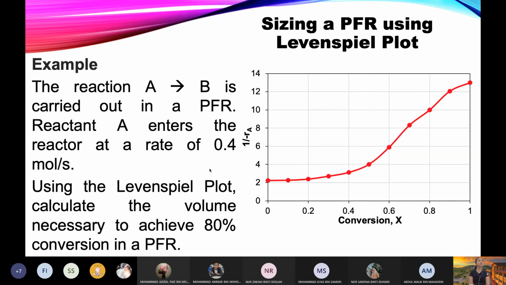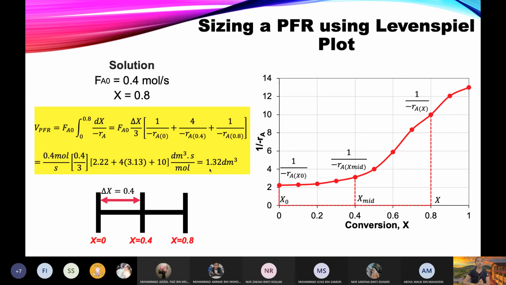Okay, last part, using the plot. Using the plot, again, you must understand, the plot is 1 per minus RA versus X. So how do we solve this? The level sphere is still the same, FA naught from 0 to 0.8, because the question still has conversion 0.8.